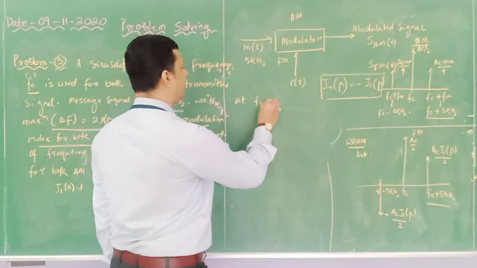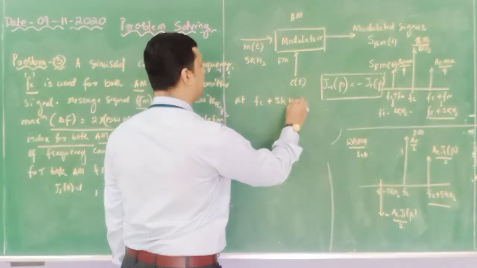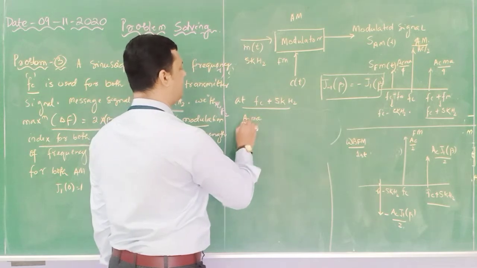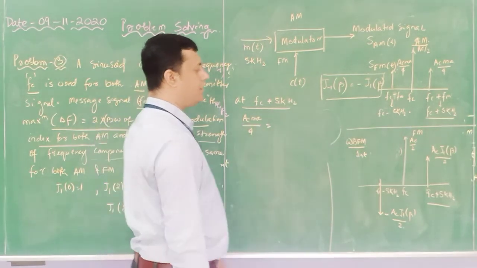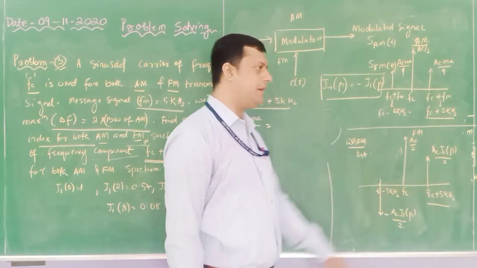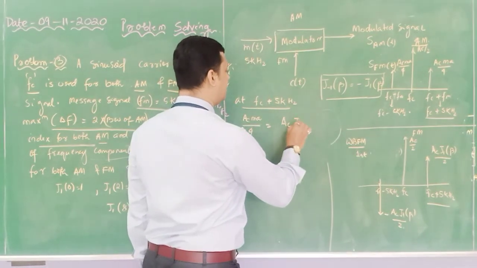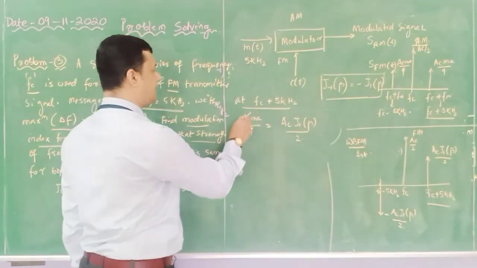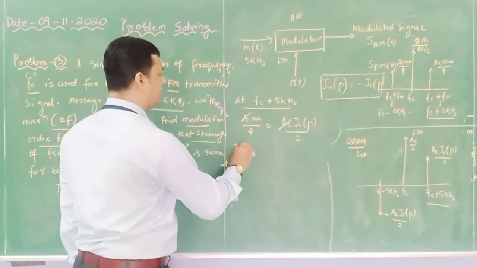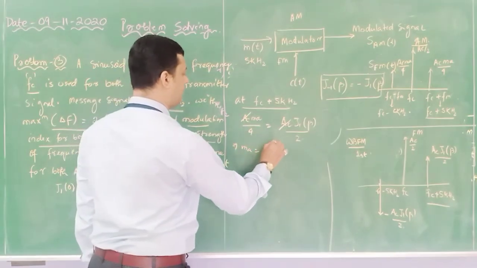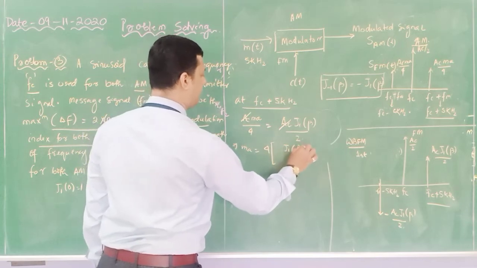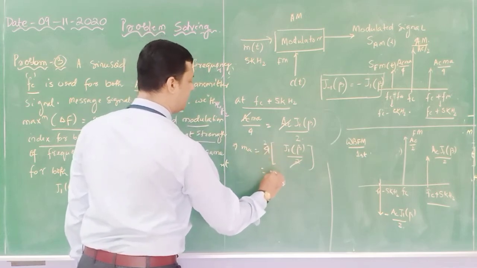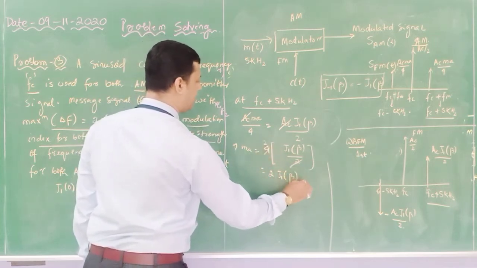At FC plus 5 kHz, the AM amplitude is AC MA by 4, and the amplitude in WBFM is AC J1 of beta divided by 2. So this AC will cancel out. So MA is equal to 4 times J1 of beta divided by 2. So this 4 becomes twice J1 of beta.